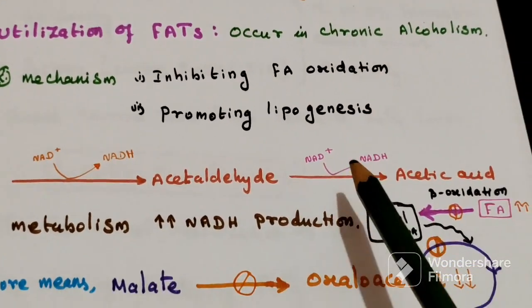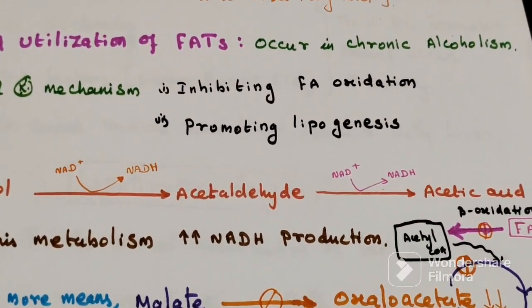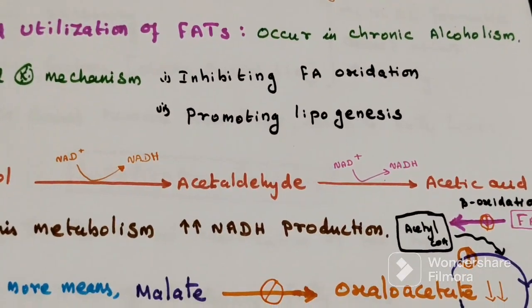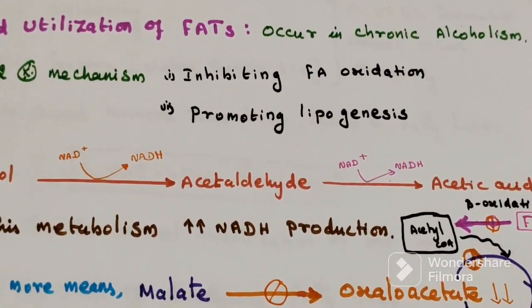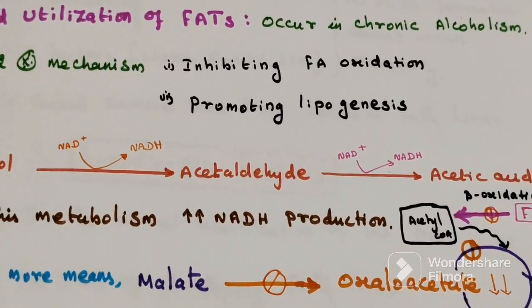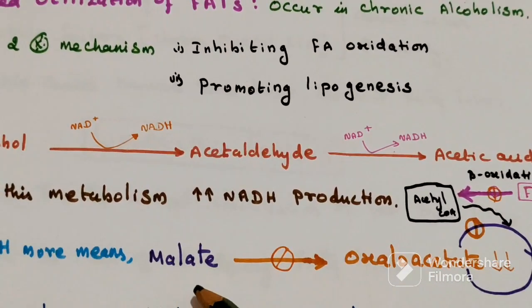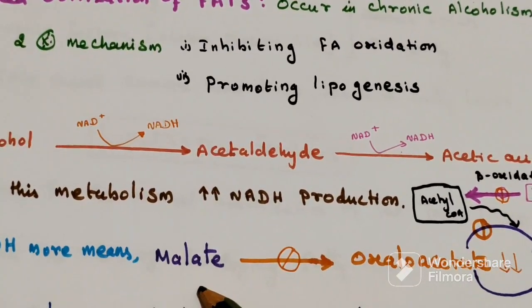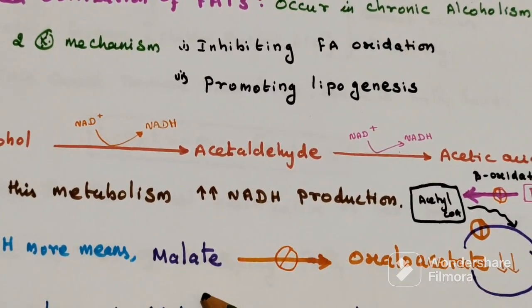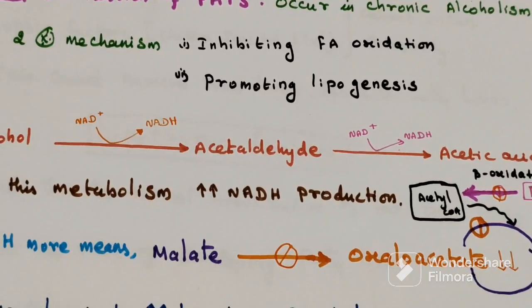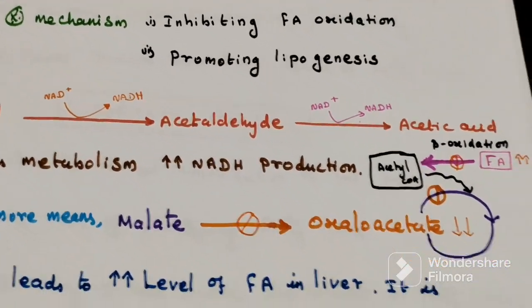Malate is not able to be converted into oxaloacetate. Malate is an intermediate of the Krebs cycle. It is required for acetyl coenzyme A oxidation in the Krebs cycle.